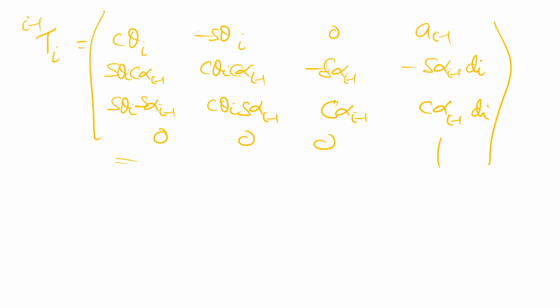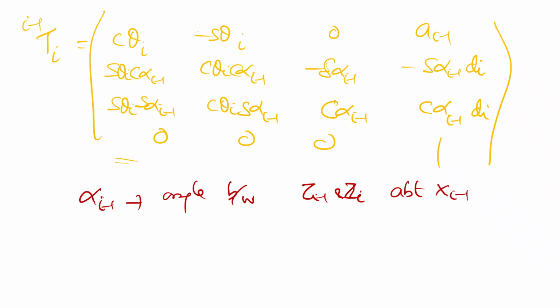So the concept is: first we have done rotation, then translation, then rotation and translation. Now we have to derive the parameters. What is alpha i minus 1? It is the angle between Z i minus 1 and Z i about the X i minus 1 axis.